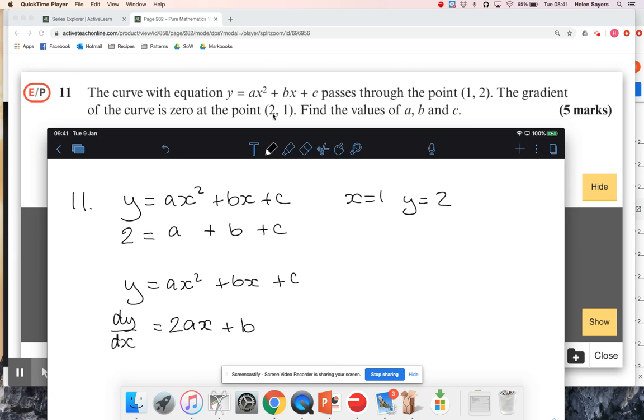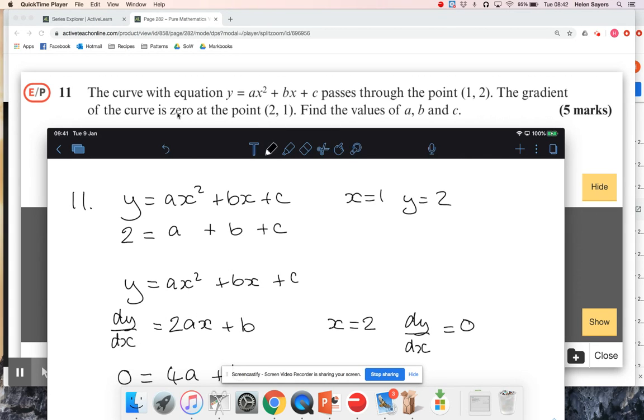And then it tells me that at the point, I was going to say at the same point, but they've switched, haven't they? So at the point where x is 2, the gradient is 0, so dy/dx is 0. If I put that in, if x is 2, 2ax is going to be 2a times 2, so 4a.